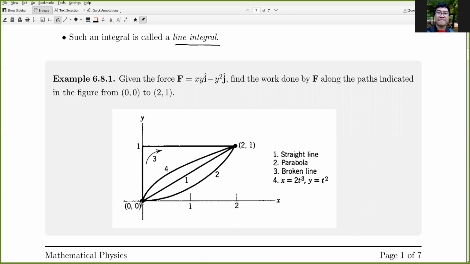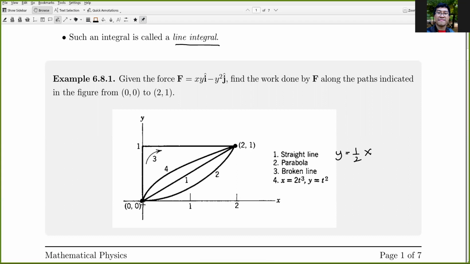So the object starts from 0, 0 to 2, 1. First is a straight line. So this is a straight line, passes through 0, 0 and 2, 1. So the slope would be 1/2. Y intercept is 0, so the equation of the line is y equals 1/2 x. The second one is a parabola. So this path number 2 here, that's a parabola.